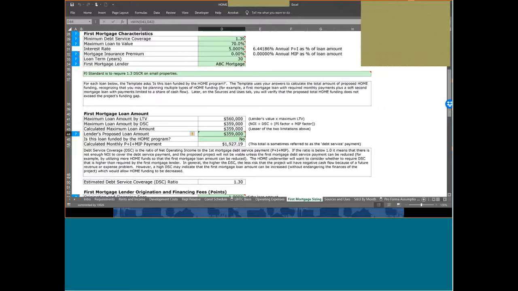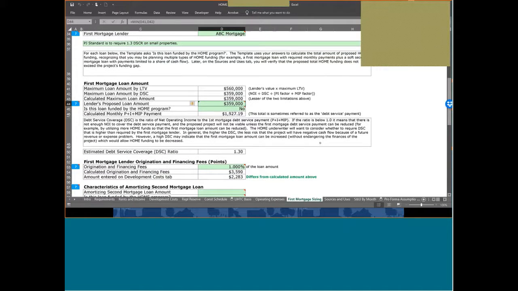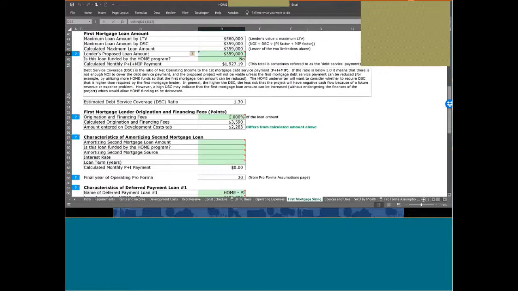So there'll be more about this. This is sort of the preliminary input, and we're going to test whether that's okay. But this is a good place to start. There's another thing I want you to notice while we're on this page, which is that we've looked at the lender's commitment letter, and it says that they will charge a 1% origination and financing fee.